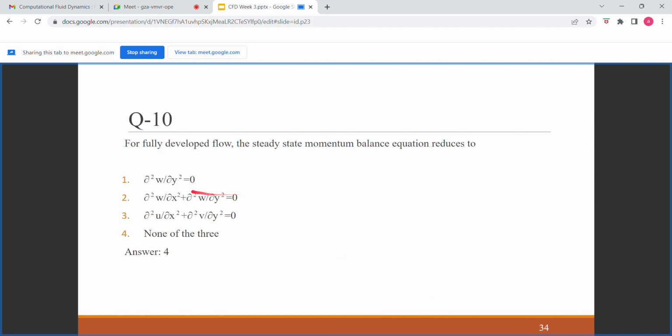So it is not ∂²W/∂X² + ∂²W/∂Y², it would be a constant. It would not be varying like ∂²V/∂X² + ∂²V/∂Y². So this option is also wrong, and this is also obviously wrong. And so the answer to this question would be none of the three. All three above options are false.